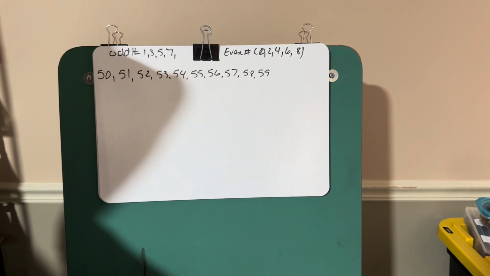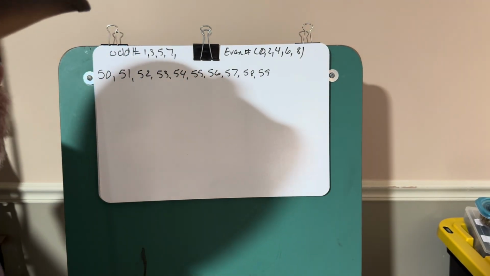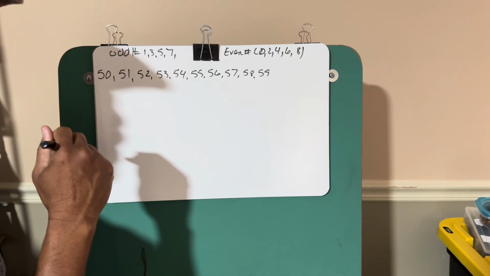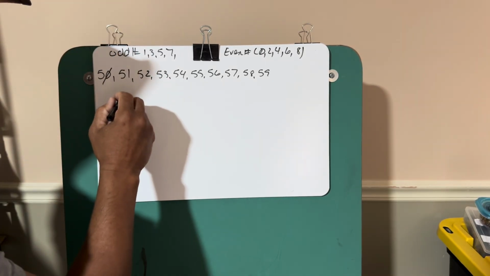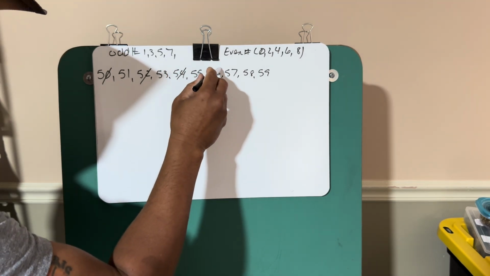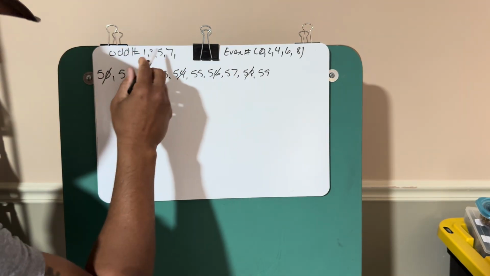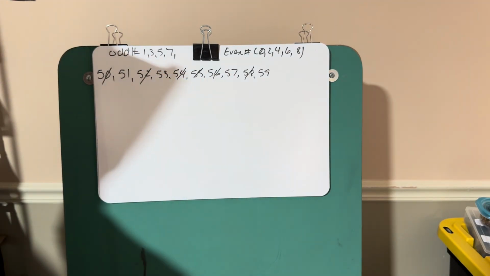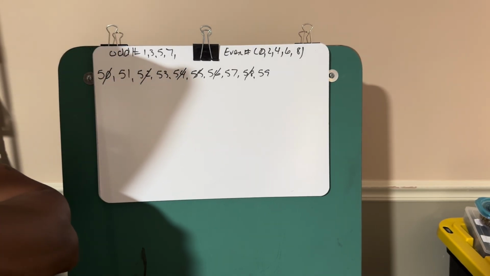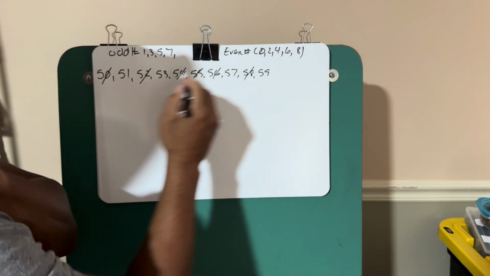If these are in the ones place, we take them out. So can anybody start me off? 50, that is correct. 52, 54, 56, 58, even numbers. And somebody said 55. Remember, any number with a 5 or 0 in the ones place shares a factor of 5. So we're left with 51, 53, 57, and 59.